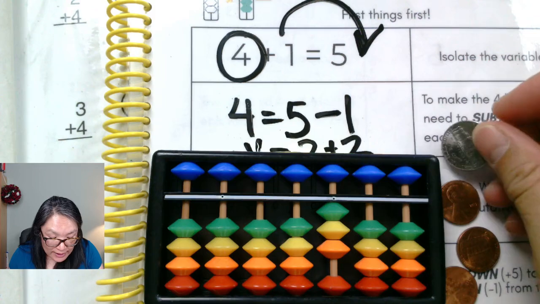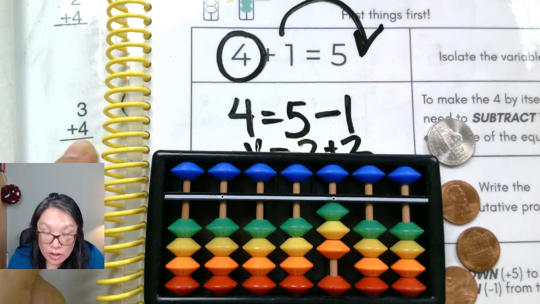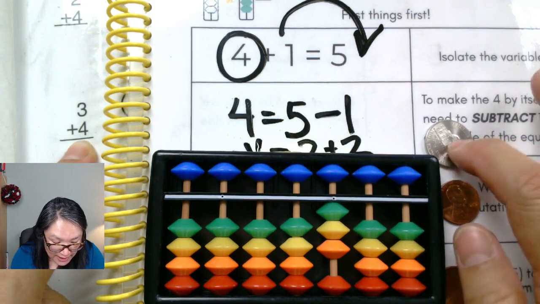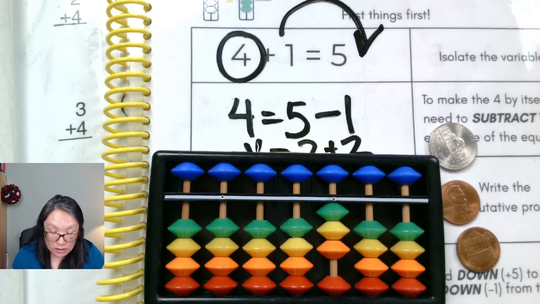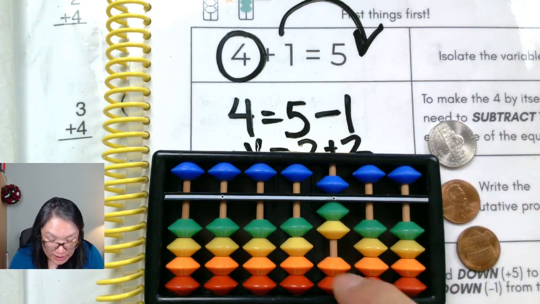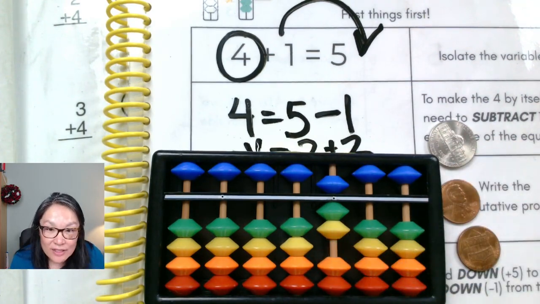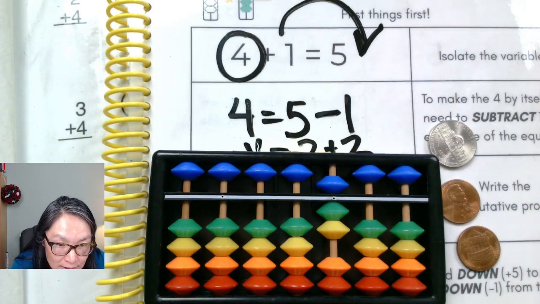I will give you my nickel, but the problem is it's only 4. So if I give you 5 cents, that's too much. I need to take away 1. So I add the nickel, but that's too much, I need to take away 1. So my final answer is 7. Does that make sense? Alice?